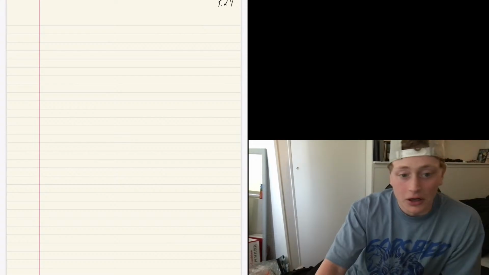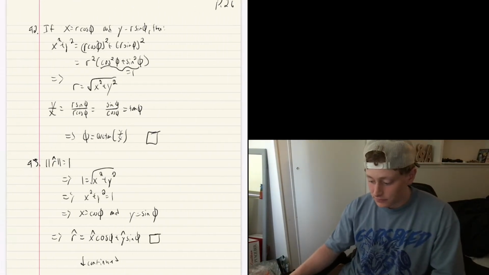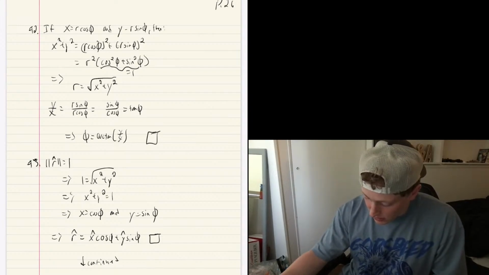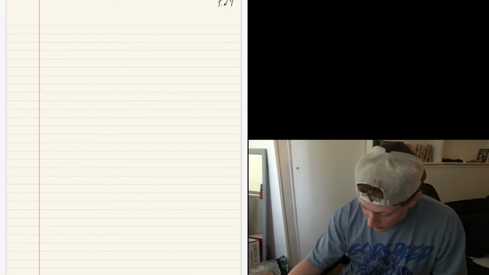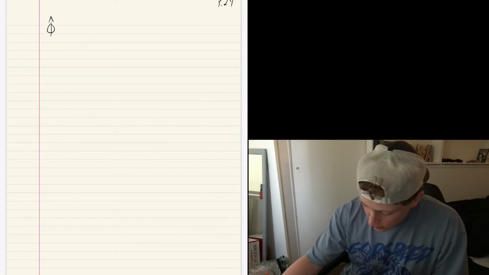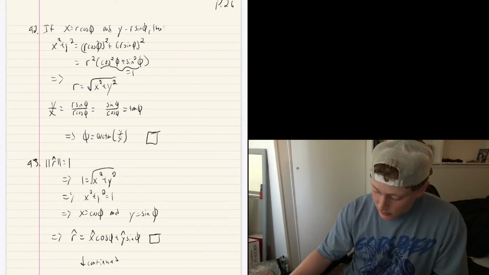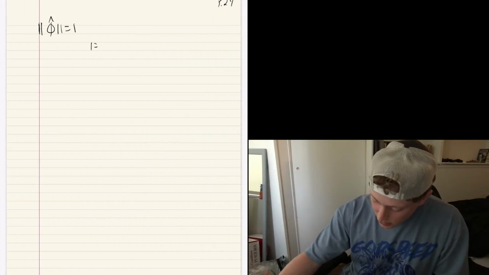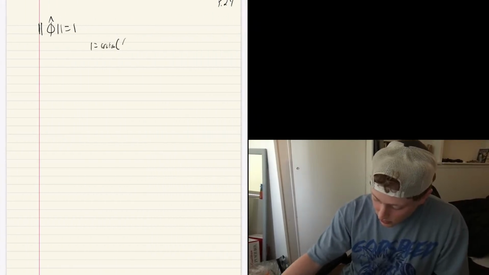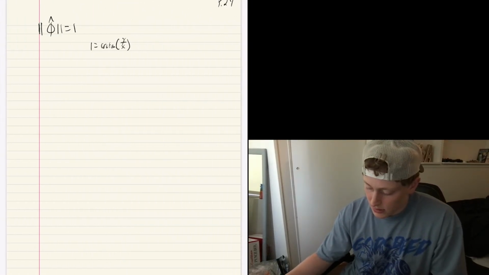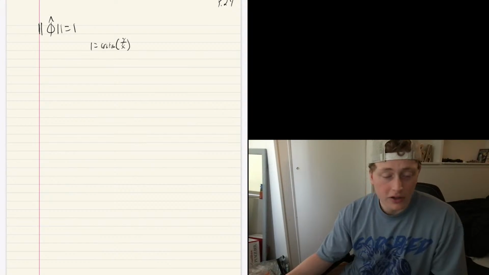Okay. Alright, we're going to do the same thing for phi. So for phi, we know that our magnitude of our vector, can I draw the norm sign, please, is 1. So that means that 1 is equal to arctan y over x. Yes. But what value gives us 1 for arctan?